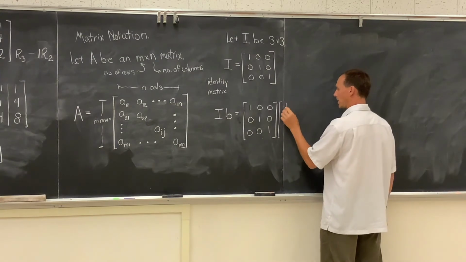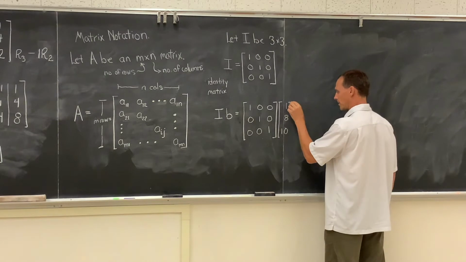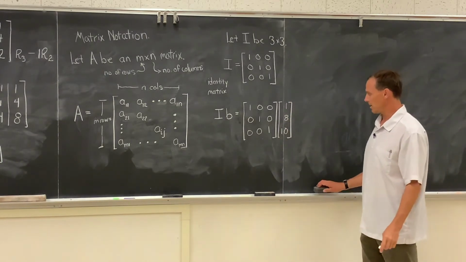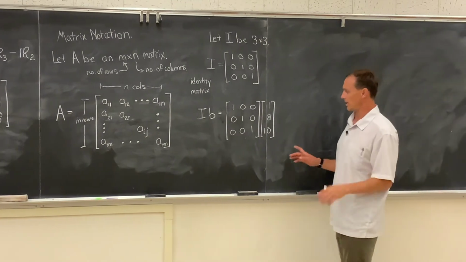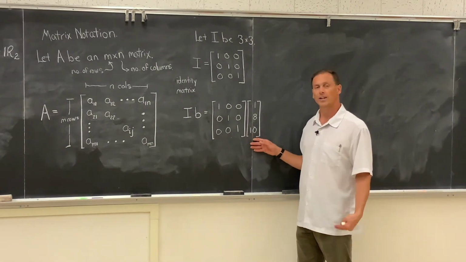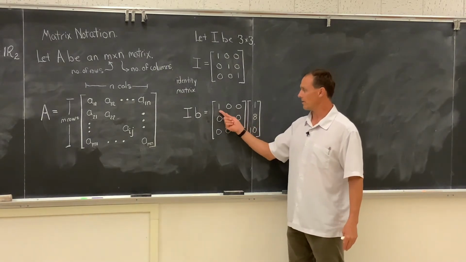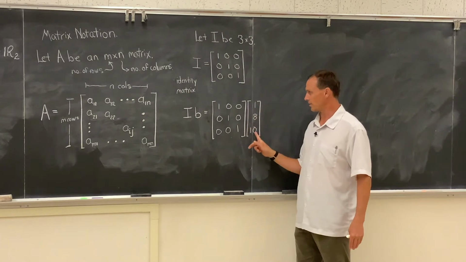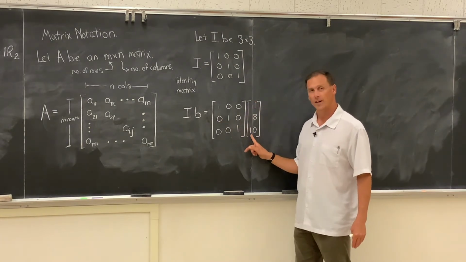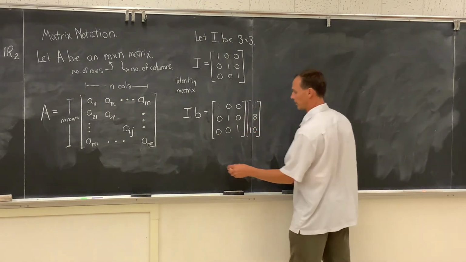We had 1, 8, 10. That's my B vector. Now remember, when we multiply a matrix times a vector and you're just trying to get the numbers, it's easiest to use the dot product of the row with the vector. Then the next one will be row 2 with the vector, and then your final entry will be row 3 with the vector. So notice what happens.